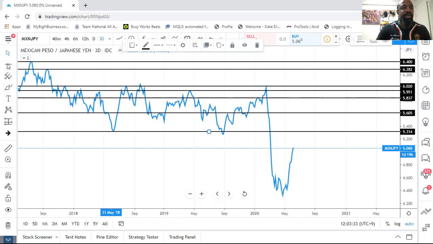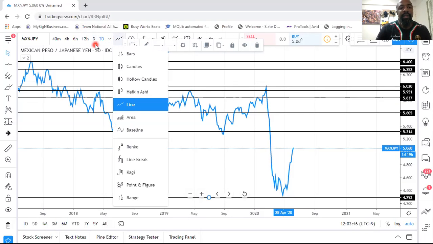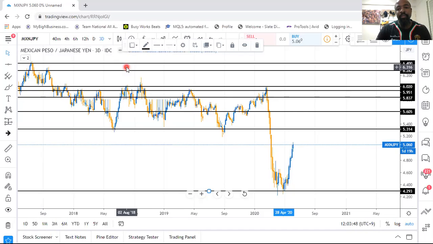And as we come closer to where we are right now, we have this significant low here. And remember, we're marking this up on a 3-day time frame. Then I go back to the candlestick chart, and those are the zones we have on a 3-day time frame. That's how we use the horizontal tool to mark up our support and resistance zones.